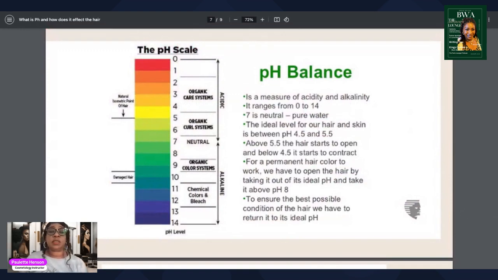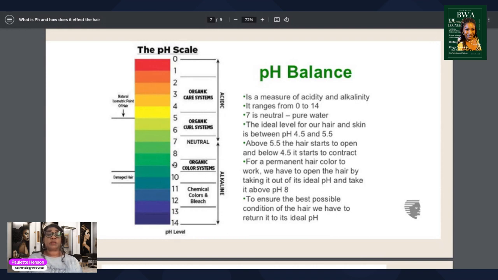Now, here is the pH balance scale, and it's a measure of acidity and alkalinity. It ranges from 0 to 14. 7 is neutral. So as you can see, as it relates to hair, most hair care systems are here. Curl systems, meaning perms, are here.